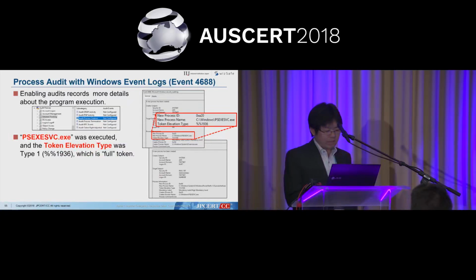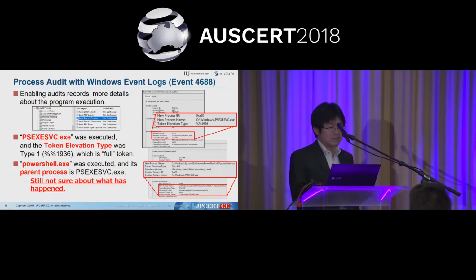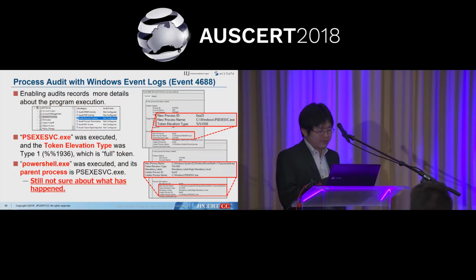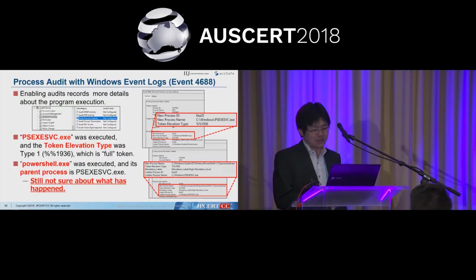The other thing you can find out from the process creation logs is this example of PowerShell being executed over PSExec. You can see PowerShell executed, and its parent process was PSEXESVC. Okay, but many of us know that PowerShell can do hundreds of things, so it's still not enough. We're still not sure what has happened, so we need to do something.